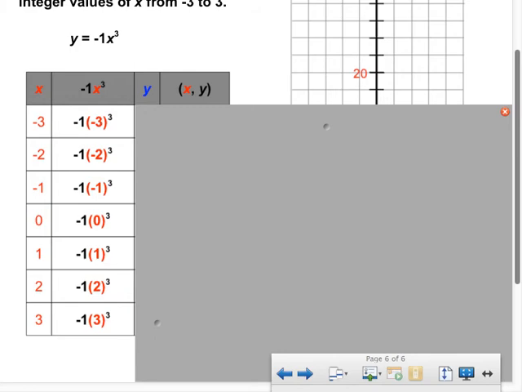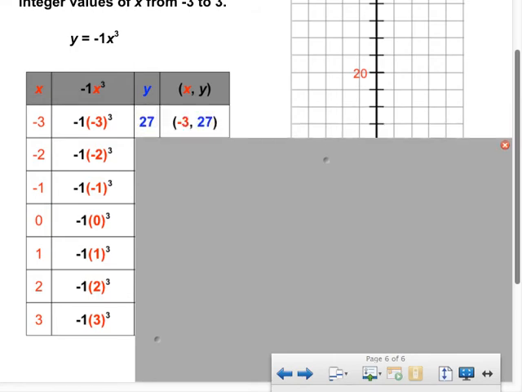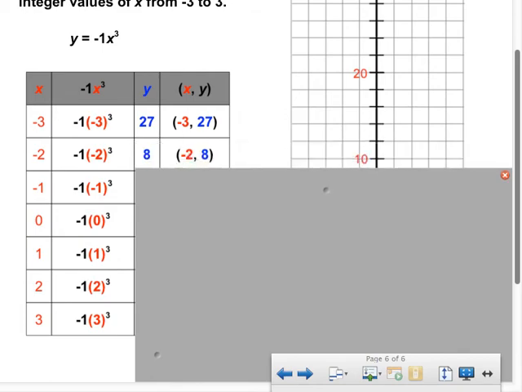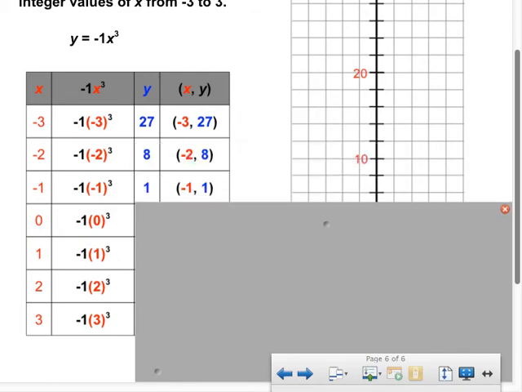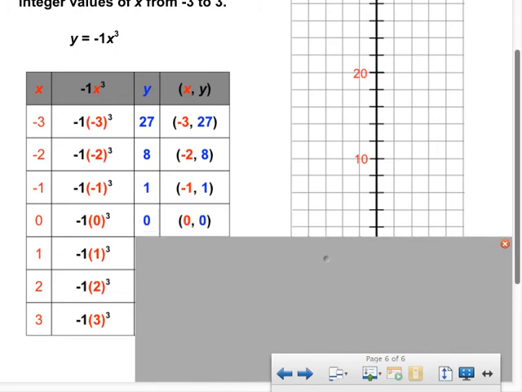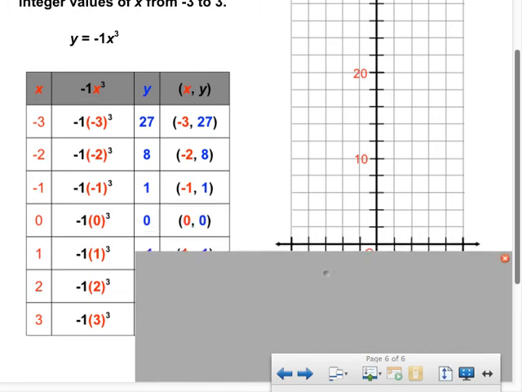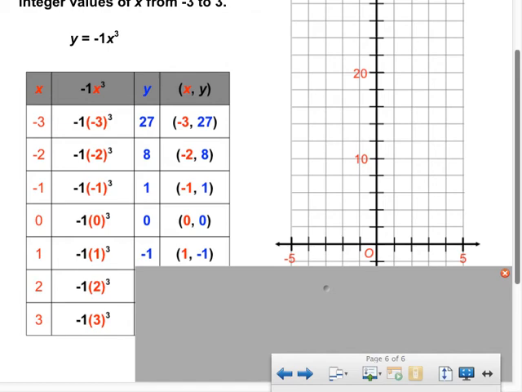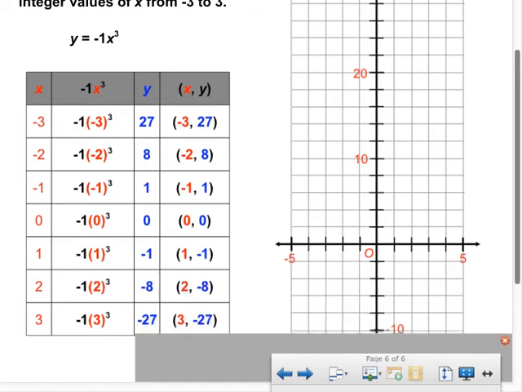So that would be a negative 27 times a negative 1. Positive 27. What's the next one going to be? Negative 8 times a negative 1, which is what? Positive 8. Then what? Negative 1. 0. Negative 1, negative 8, negative 27. Okay, this is called a cubic equation.